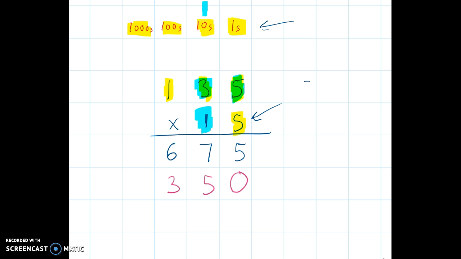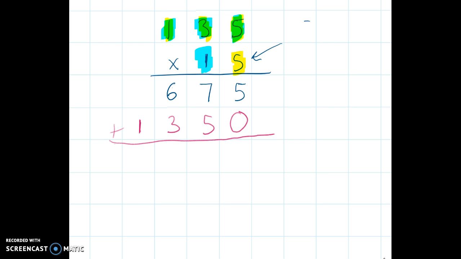And then my 1 times my 1 is going to be 1. So I'm going to put my 1 over here in the thousands column. So my answer is going to be 1,350 plus my 675.